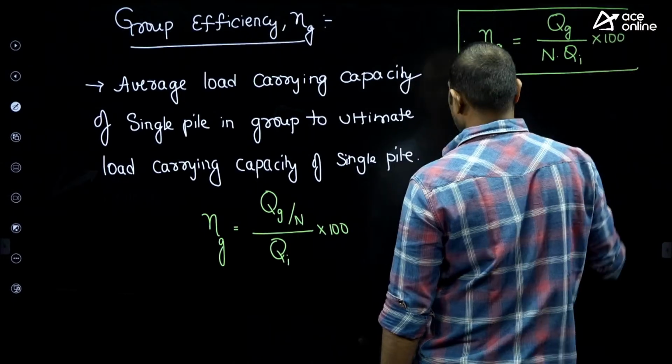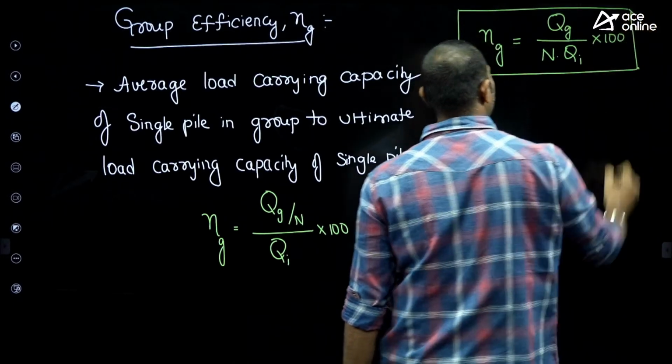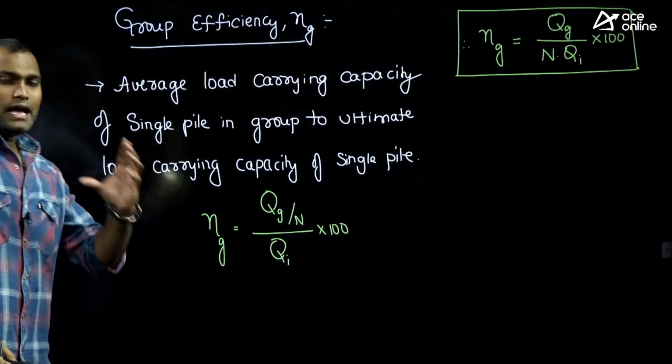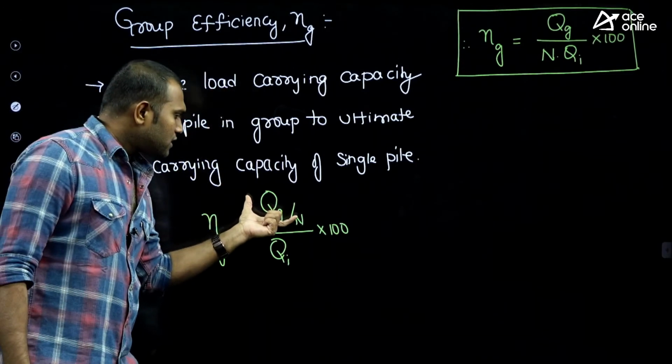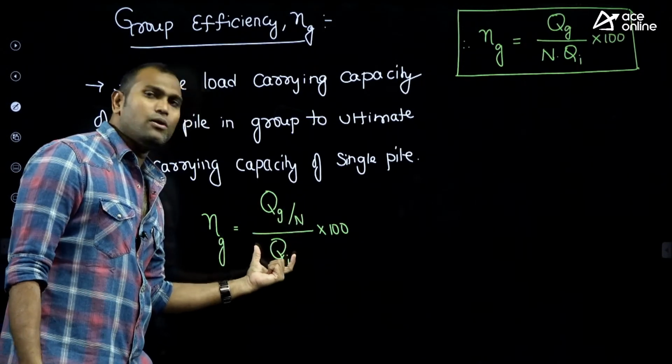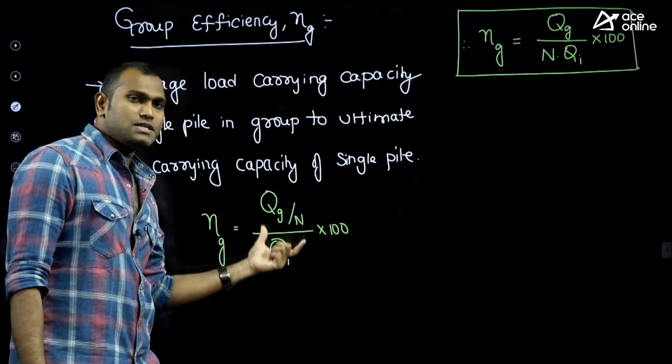The group efficiency is nothing but the average load carrying capacity of the pile by the ultimate load capacity of the pile.